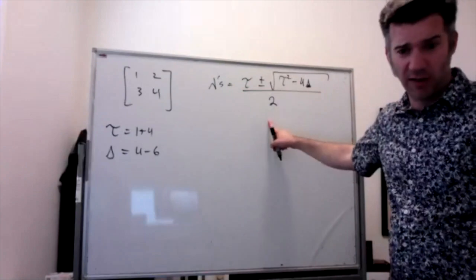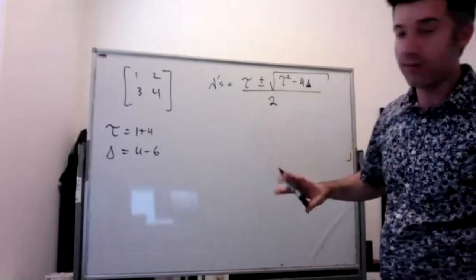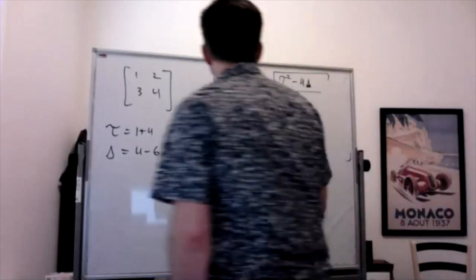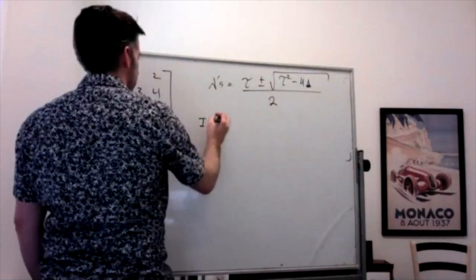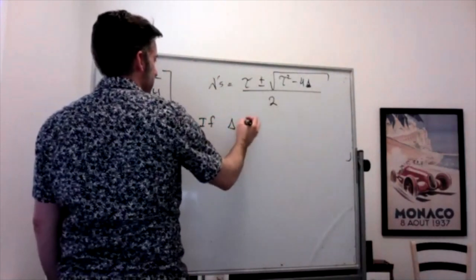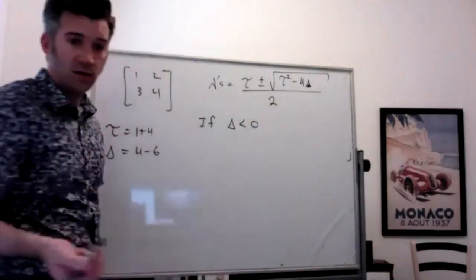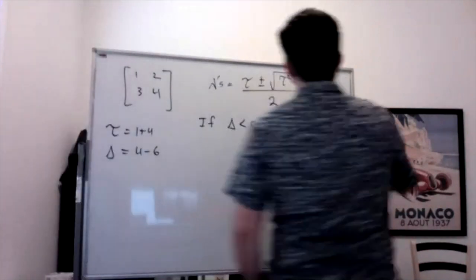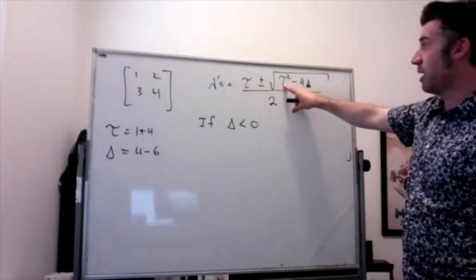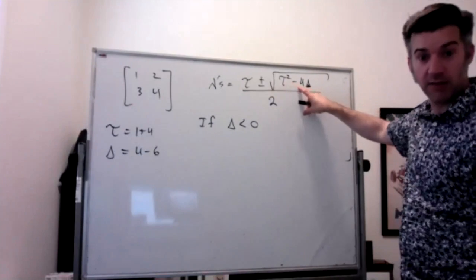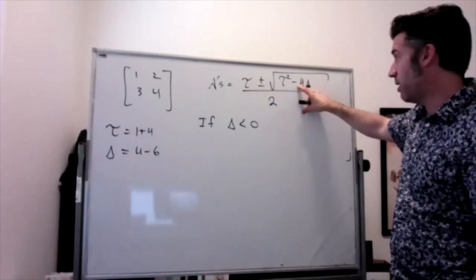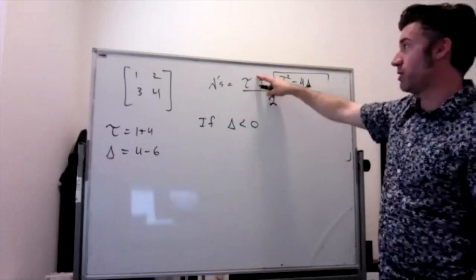The 2 doesn't really matter. I mean, it matters, but not really. So here's what we get. If the determinant is negative, tau squared minus a negative is going to be positive. If that's positive, you have a number plus or minus a positive number.